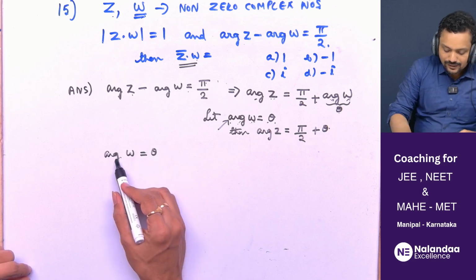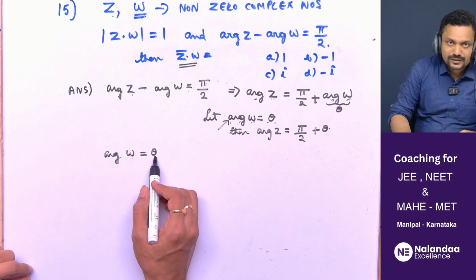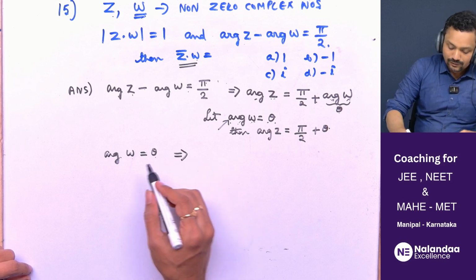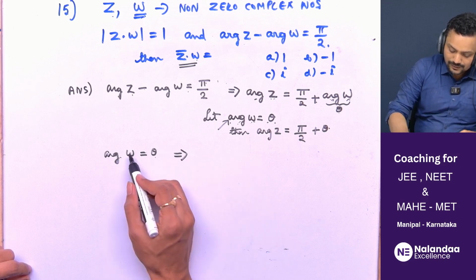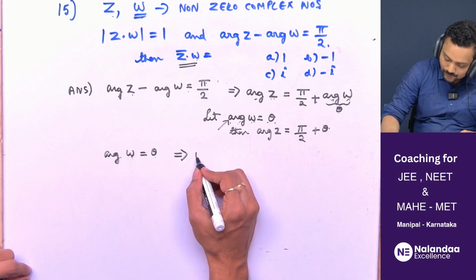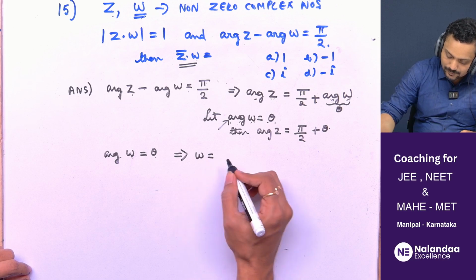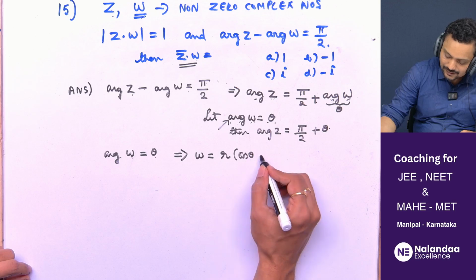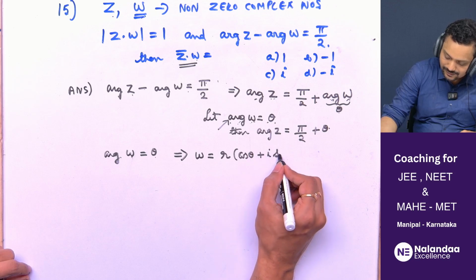When I say argument of omega equal to theta, that means, this is very important, this omega is a complex number, and omega can be written in the form r into cos theta plus I sin theta.